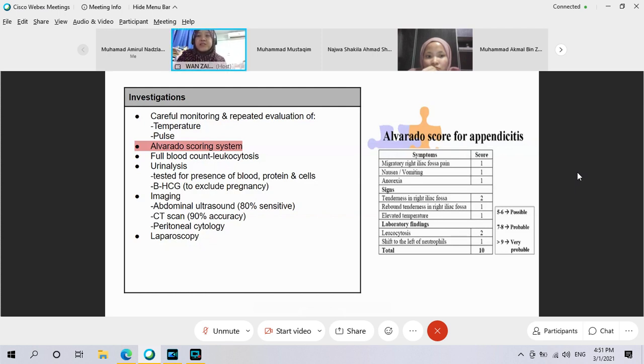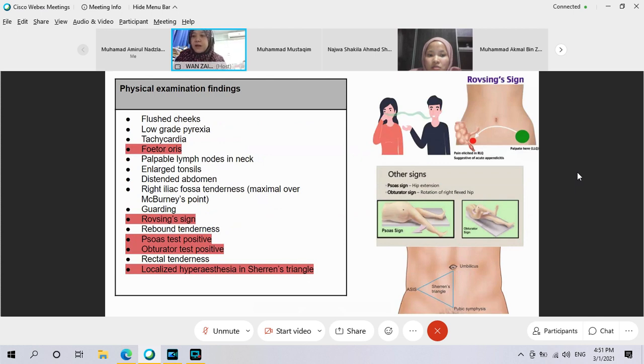So when you examine the patient, you press at the McBurney point. That is the sign. Understand? But the picture doesn't talk about McBurney point. Look at the abdomen picture. It talks about Sharon's triangle, which is not specific and is rarely encountered in this session. The most important one is the McBurney point.